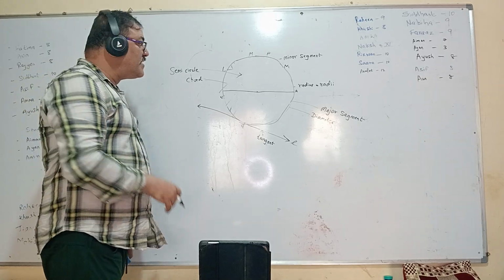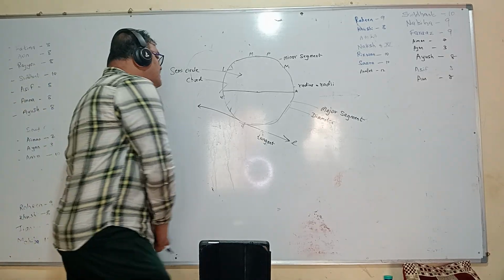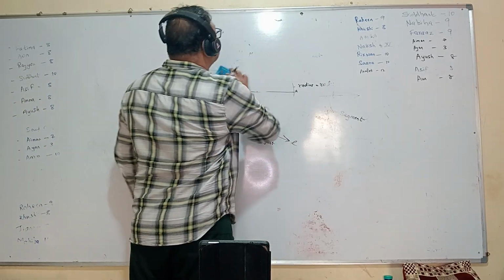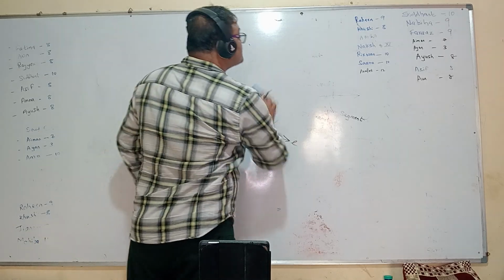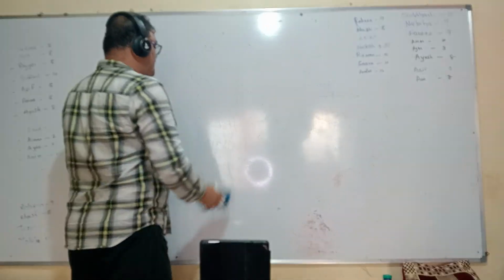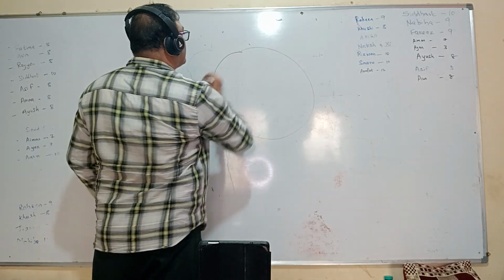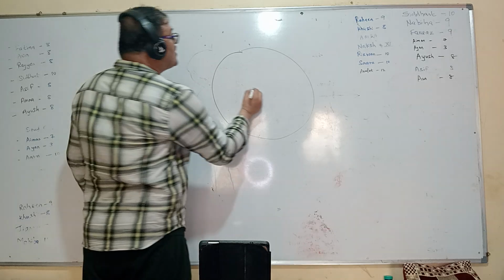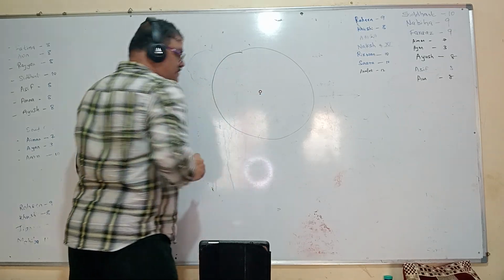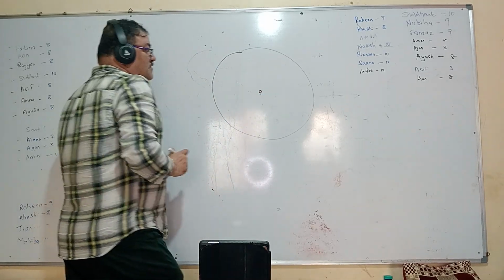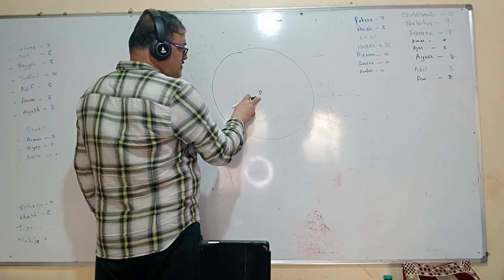Okay. Now I am going to test you. I'll ask you questions. You have to answer. Again. Come on, start. What is this shape called? What is this point called? Center.